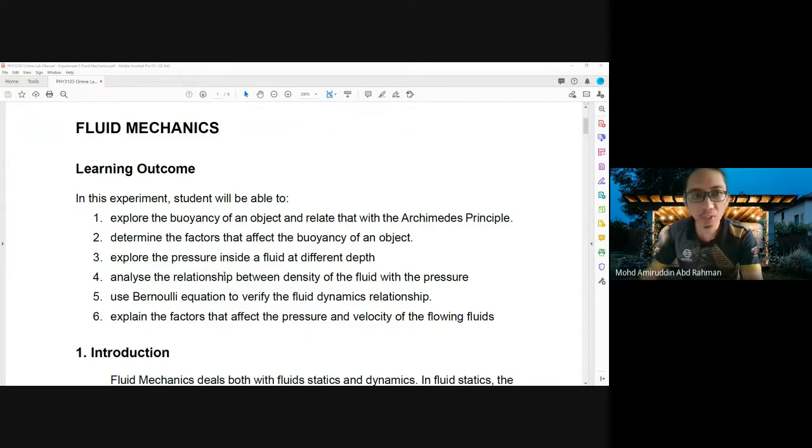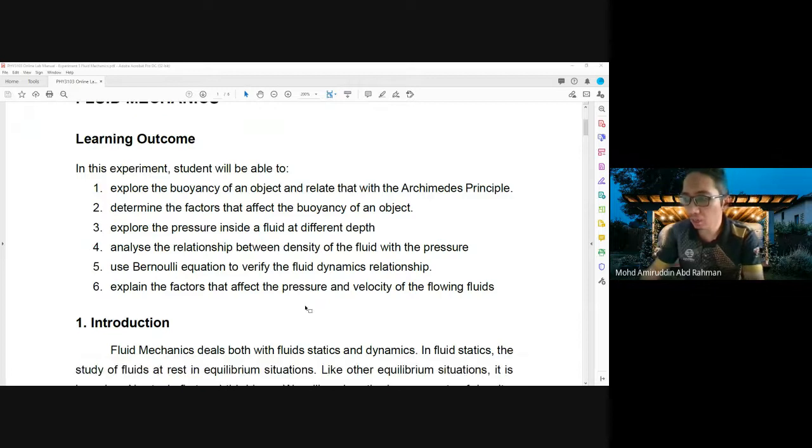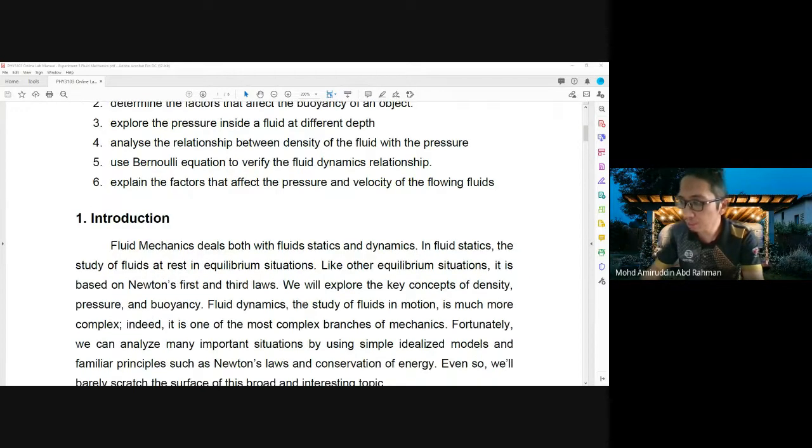Okay, so basically the first two involve the fluid statics, where the fluid is at rest, and the last two deal with the fluid dynamics, where the fluid is moving. That's basically about the fluid mechanics.